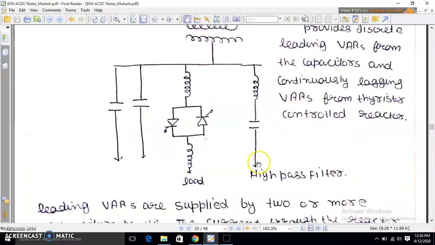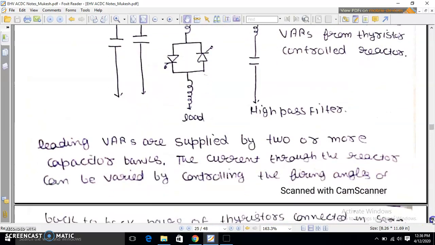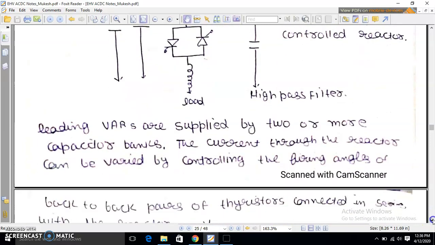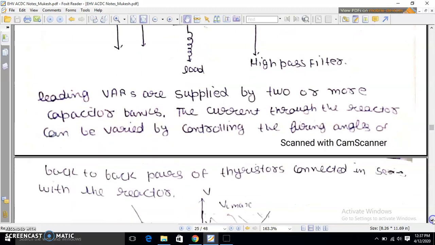This acts as a high pass filter. Leading vars are supplied by two or more capacitor banks. The current through the reactor can be varied by controlling the firing angles of back-to-back pairs of thyristors connected in series with the reactor.